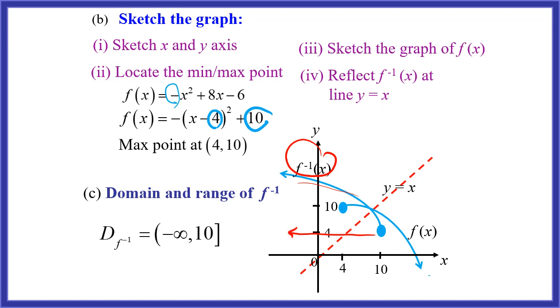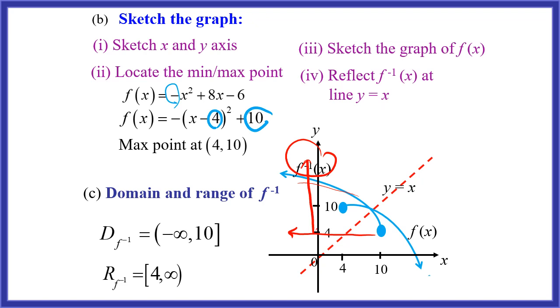The left side of 10. So the domain should be negative infinity up to 10. And then the value of y is starting from 4 up to infinity. So that's why the range is from 4 to infinity. Okay, so we have the graph, so it's easier to find the domain and range directly from the graph.